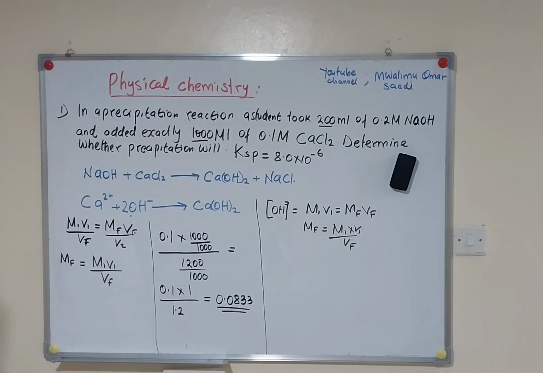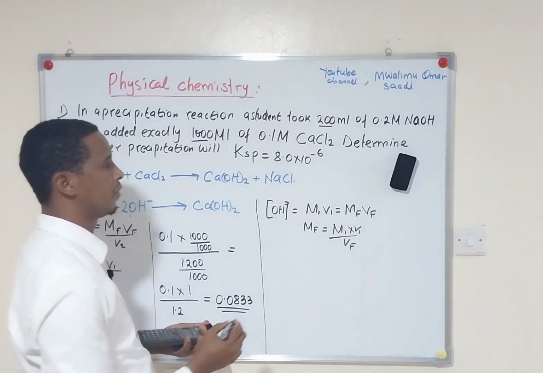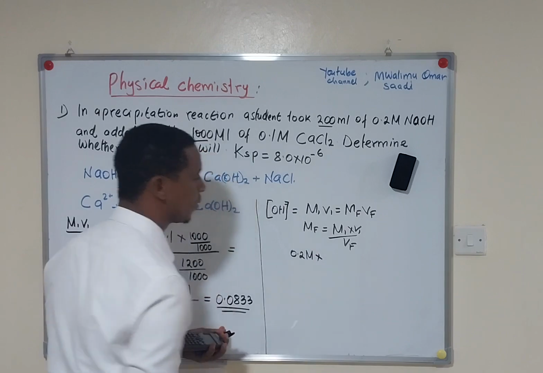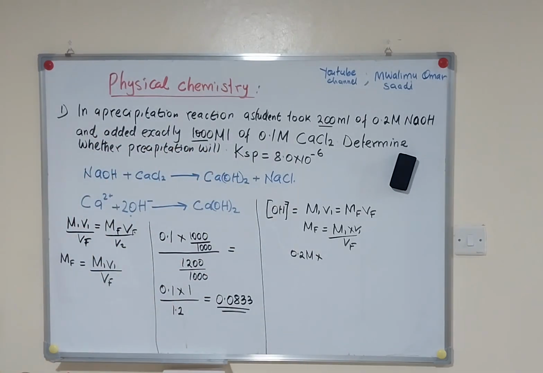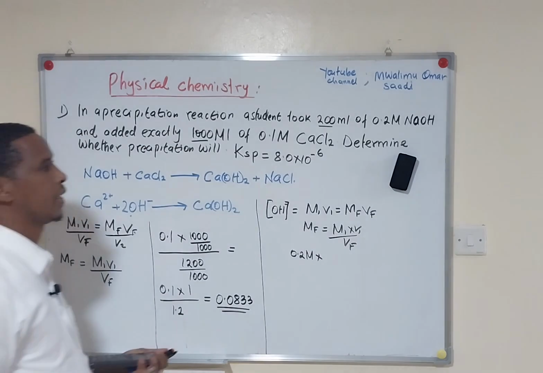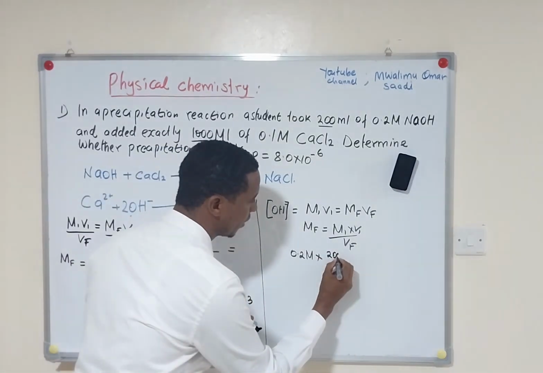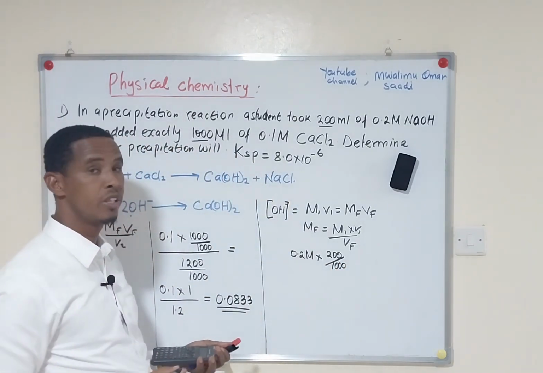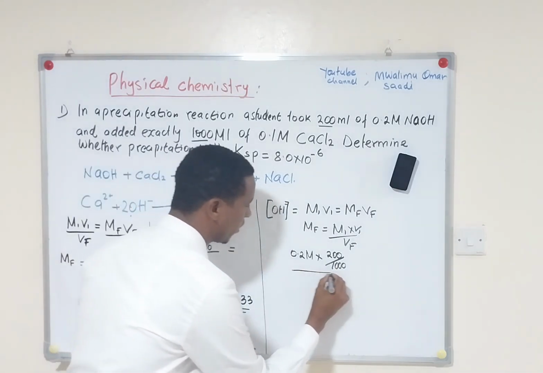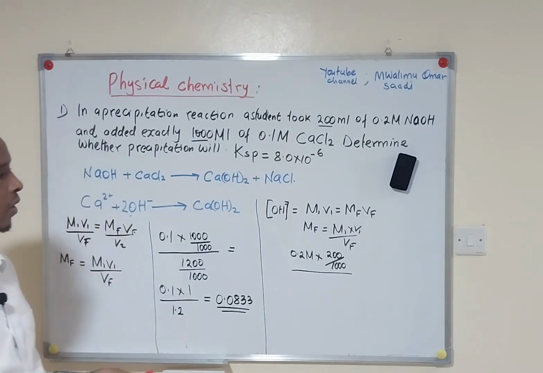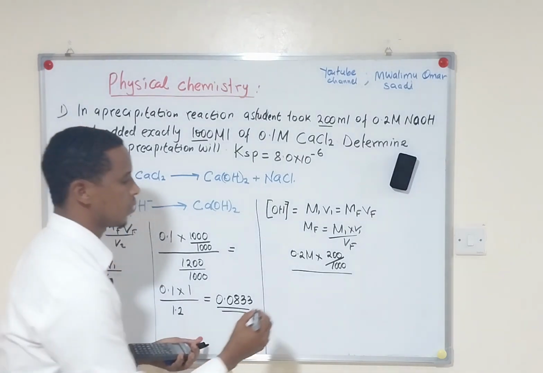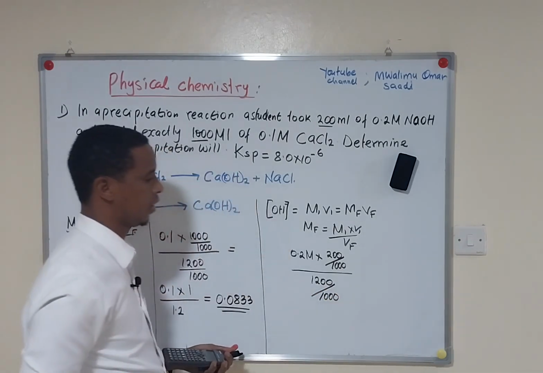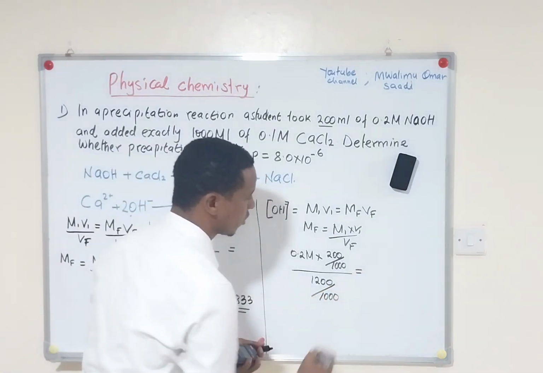In our case, the initial concentration of sodium hydroxide is 0.2 times the initial volume, which is 200. Divide that by 1000 because you change to liters, all over the final volume, which is 1200. You still change that to liters.